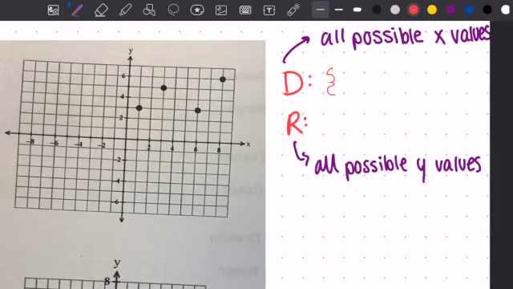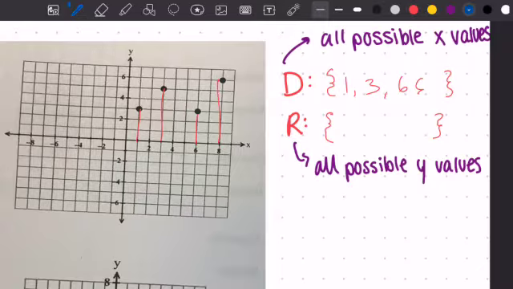For a scatter plot, we are going to draw those squiggly little brackets and we are going to list the x values and the y values that we see here. For our domain, we have 1, 3, 6, and 8.